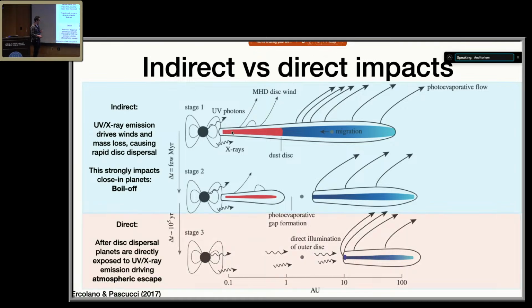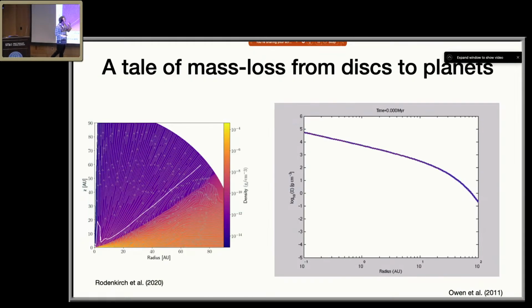And later, when we go on, we have the direct impact of UV radiation on our planet, so that you have a planet sitting about here being absolutely blasted by the UV radiation, heating up its atmosphere and driving a process called atmospheric escape. So what I'm really going to talk about is a tale of mass loss. Planets, when they're close to their stars, cannot hold on to mass over their lifetimes.